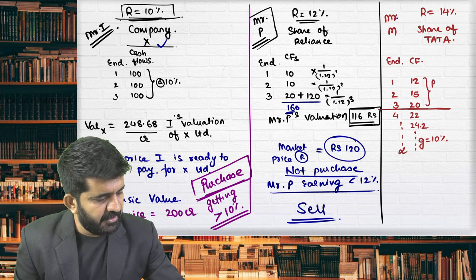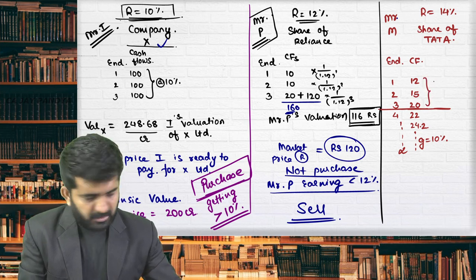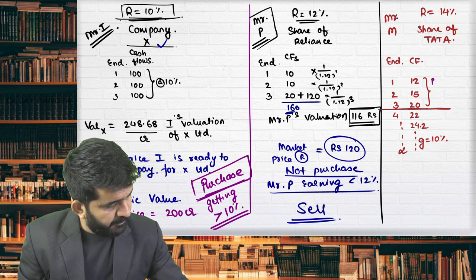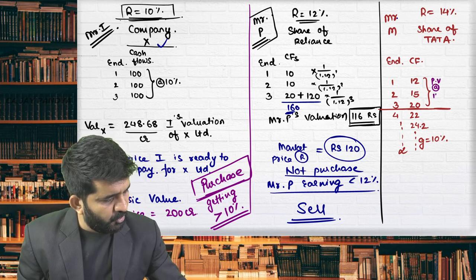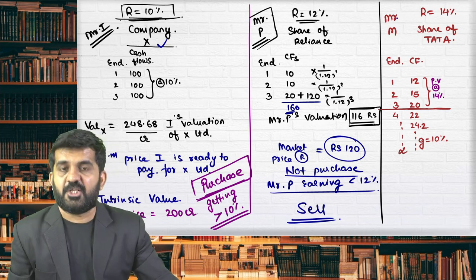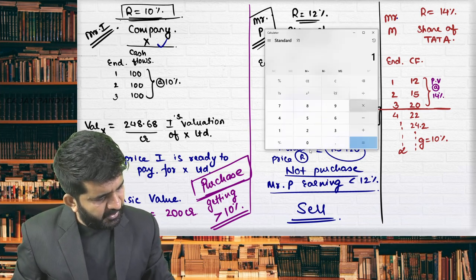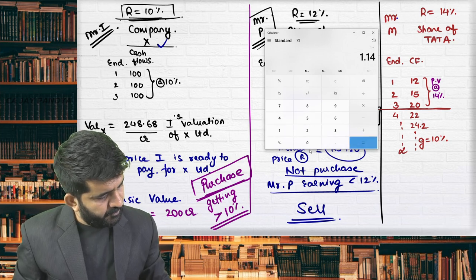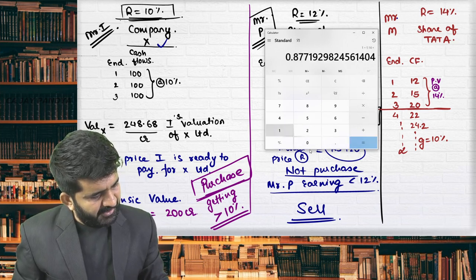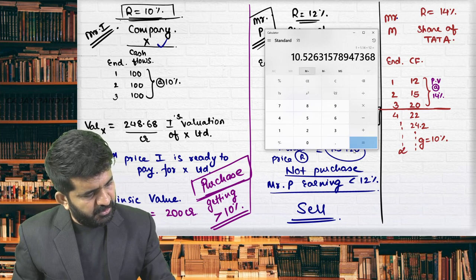Please understand. Present value, let me change the color. Present value at the rate of 14% of these 3 cash flows. Please understand, I am directly doing it in calculator. 1 divided by 1.14 multiplied by 12 is equal to M plus.